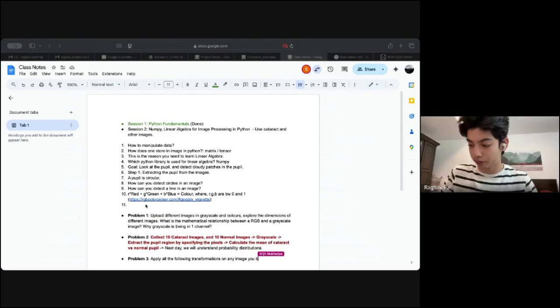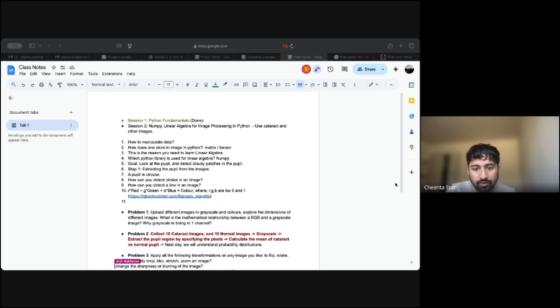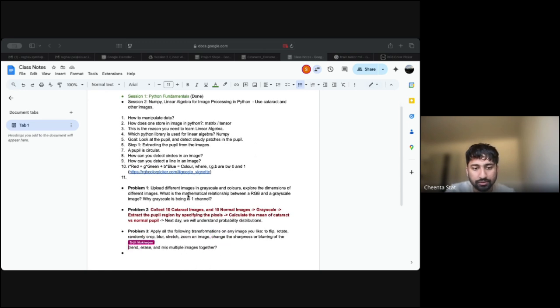What are the transformations? Let me write it down. Flipping, zoom in. This is something you should do. How do you blur an image? I will talk about blurring today.